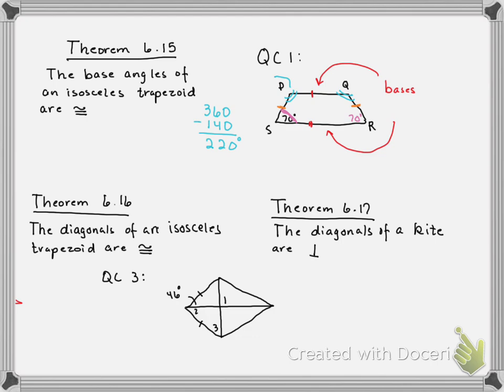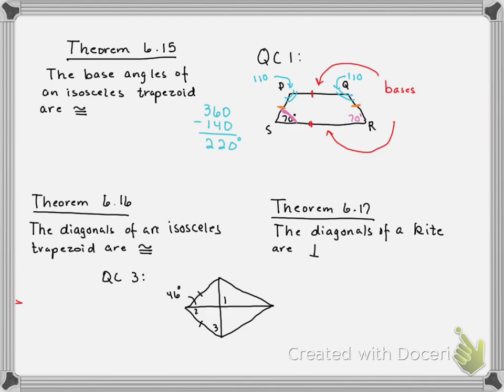So in order for the quadrilateral to have its angles add up to be 360, both P and Q have to equal 110 degrees each. So when you add all of those angles up together, you get 360 degrees. Okay, so that's theorem 6-15.